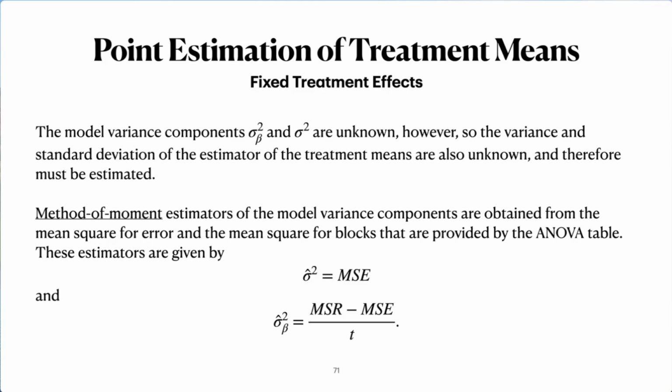The unbiased estimator for sigma squared, the variance component of the error term, is sigma hat squared equal to the MSE. All right, that shouldn't be too surprising. The estimator for the block variance component, sigma hat squared sub beta, is equal to the difference between the mean square for blocks and the mean square error, divided by t, which is again the number of treatments.